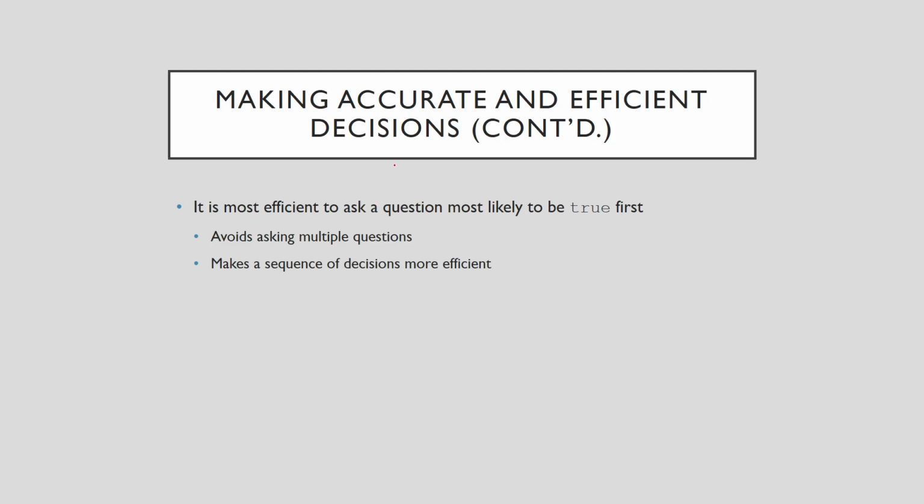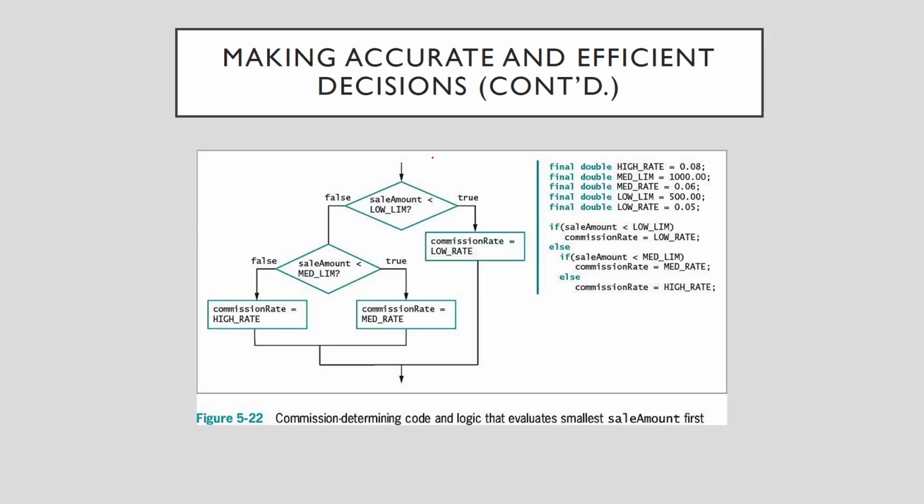And it is efficient to ask a question most likely to be true first. This will make a sequence of decisions more efficient. Just like this one, to convert the multiple if statements to here, we put the statement which evaluates to true first.